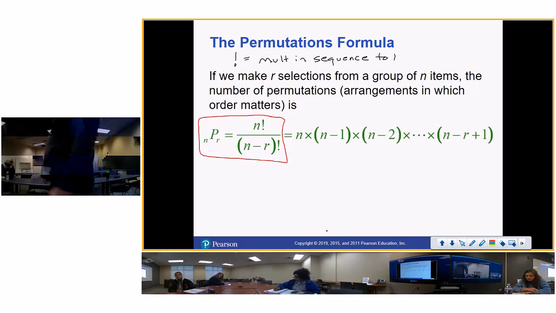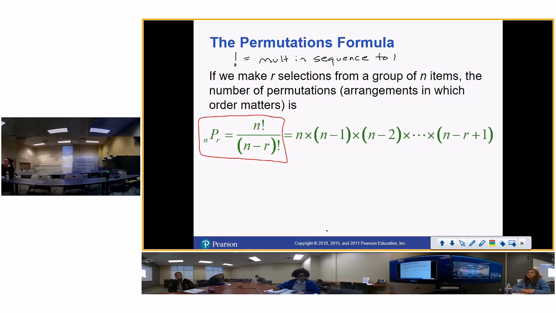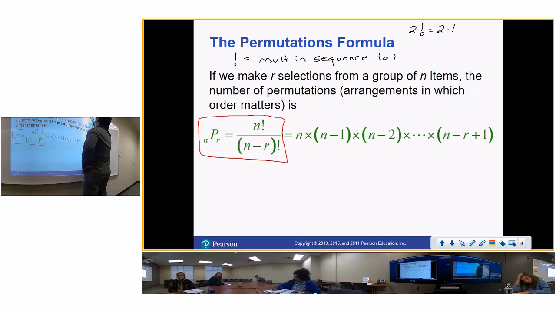So what is 2 factorial? It'd be 2 times 1, which is 2. What's 3 factorial? Well, you can do it 2 ways. You can say 3 times 2 times 1, or you can say 3 times 2, which is 6, because the 2 factorial is right here. 4 factorial.